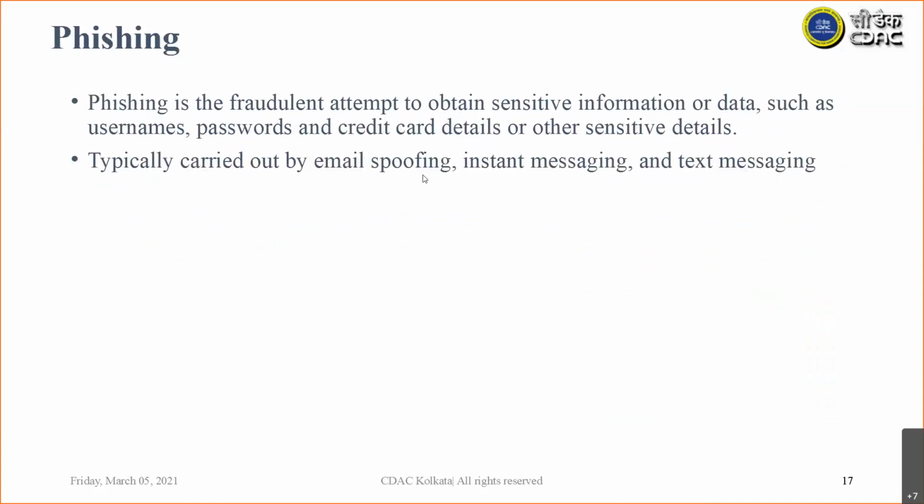Another malicious activity is phishing. Phishing is a fraudulent attempt to obtain sensitive information or data such as usernames, passwords, and credit card details, typically carried out by email spoofing, instant messaging, or text messaging.